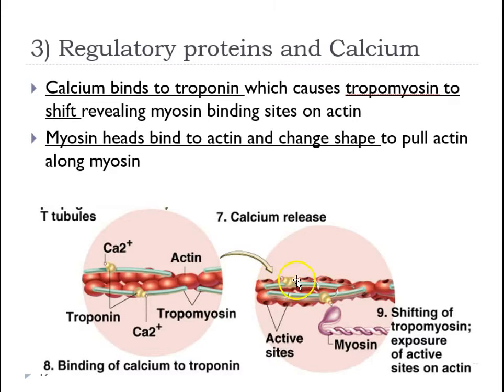And before, we couldn't see these active sites where the thick filament can sort of bind and crawl across. And now that the tropomyosin is out of the way, we can see them. And number 2, myosin can actually go ahead and land in these little pockets and crawl. We're going to actually see that in the next couple of slides.